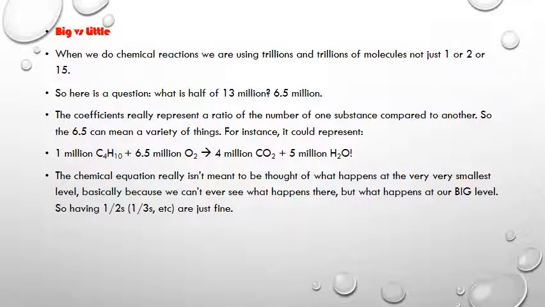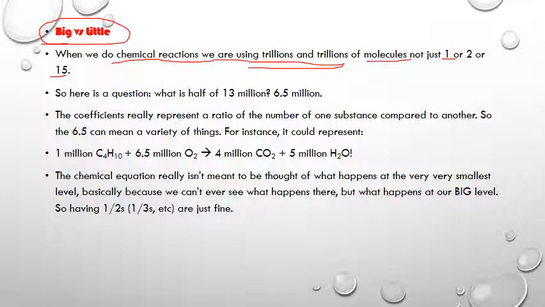Okay, the issue is big versus little. When we do chemical reactions, we're usually using trillions and trillions of molecules, and not just 1 or 2 molecules, or even 15, okay? So here's a question.